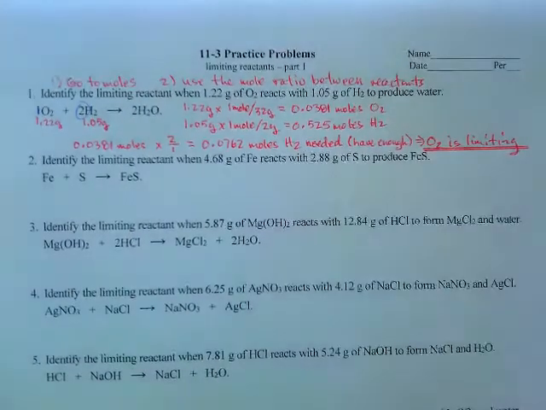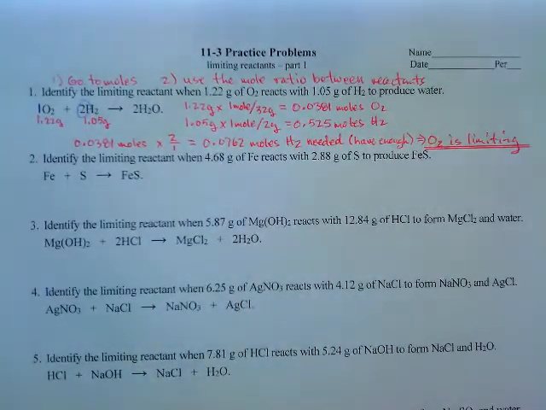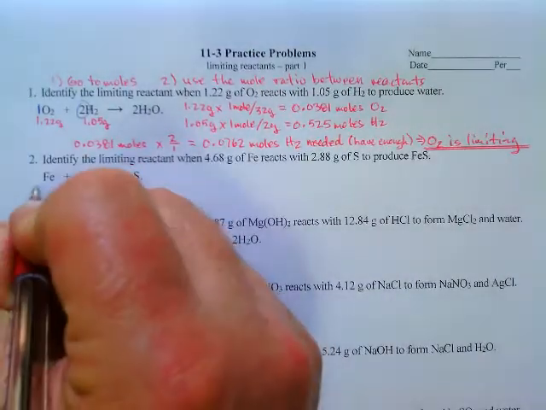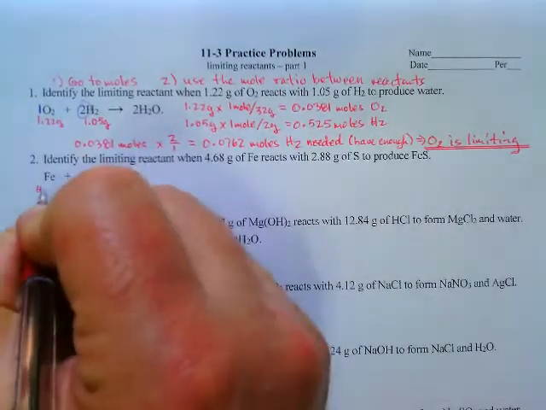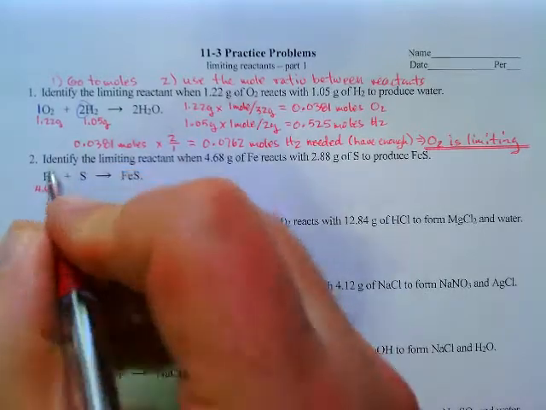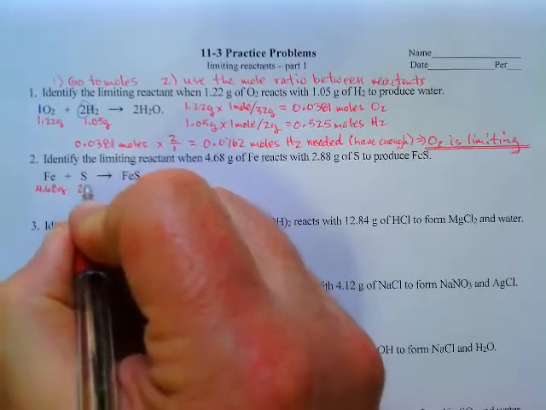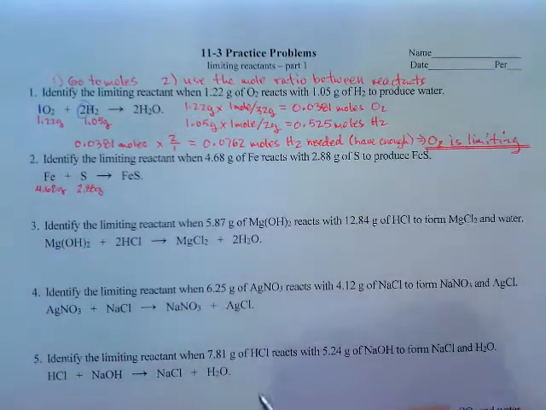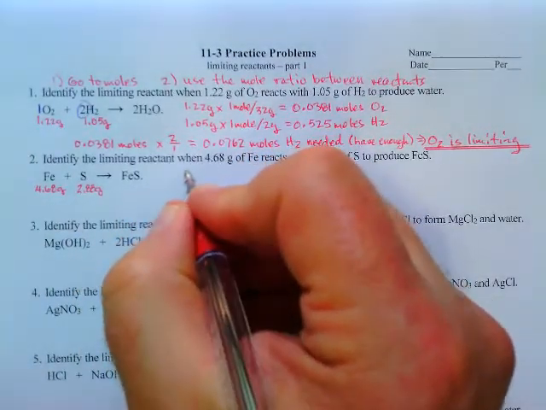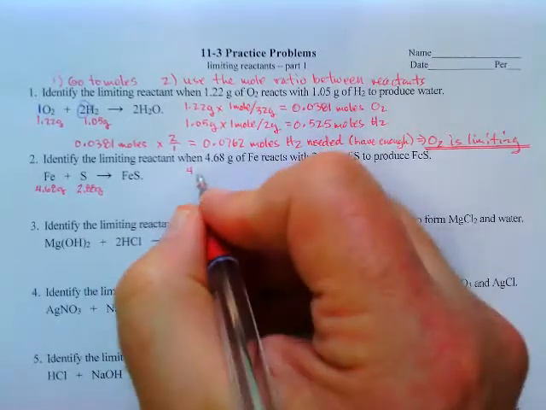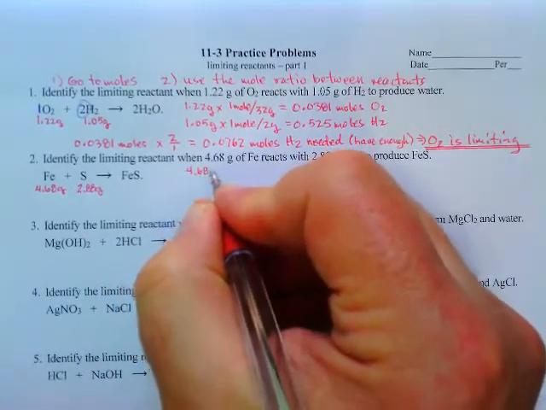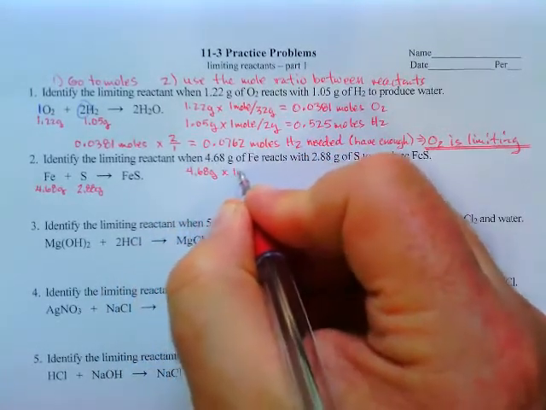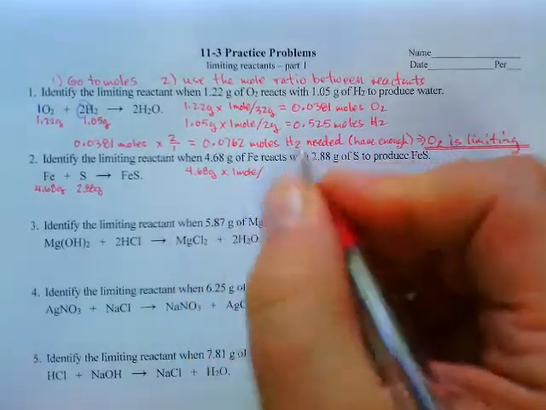Okay, we'll do one more example and then you can finish the rest yourself. So here we have 4.68 grams. Here we have 2.88 grams. So again, we're going to go to moles. We'll start off with the iron, 4.68 grams times 1 mole over iron.